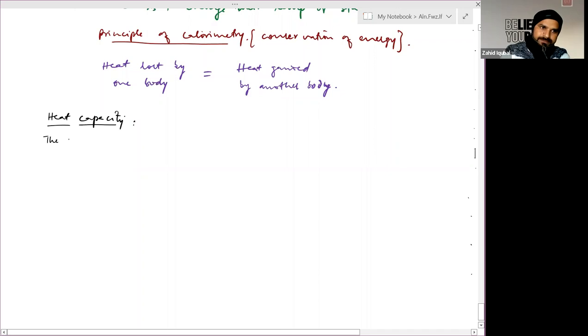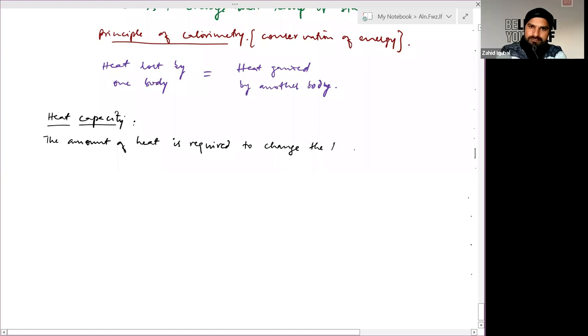So it is the amount of heat required to change the temperature of a substance by 1 Kelvin or 1 degree centigrade at normal atmospheric pressure.